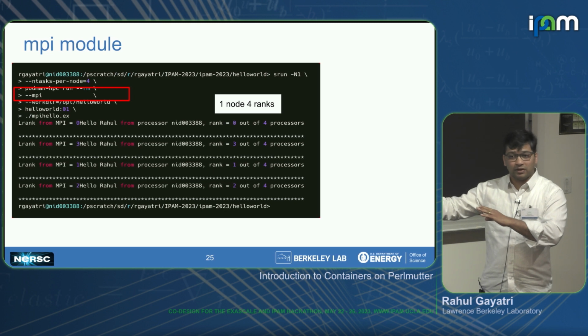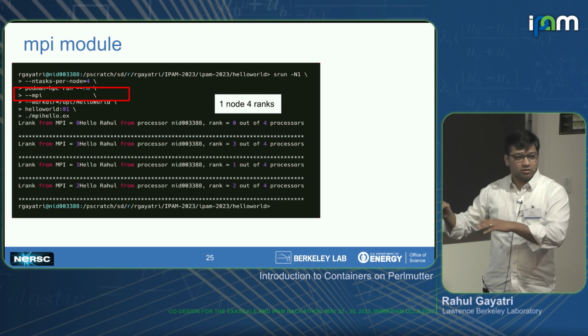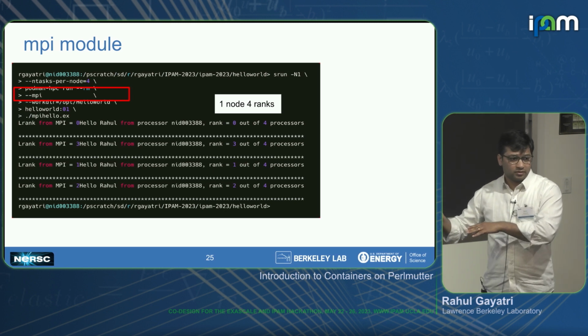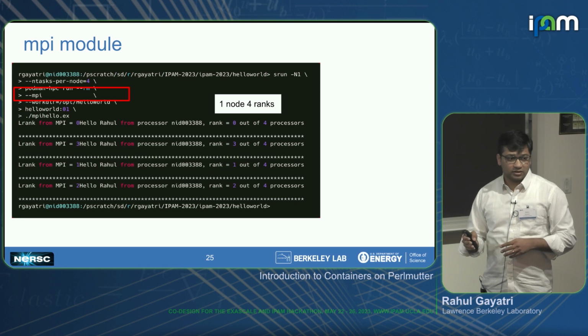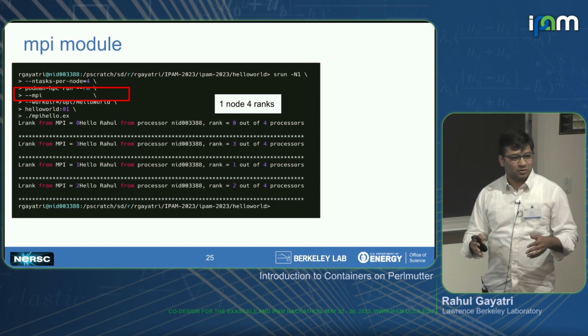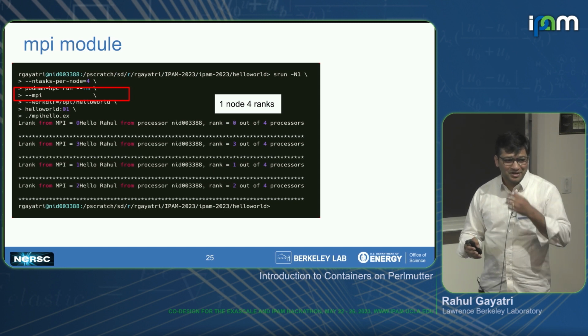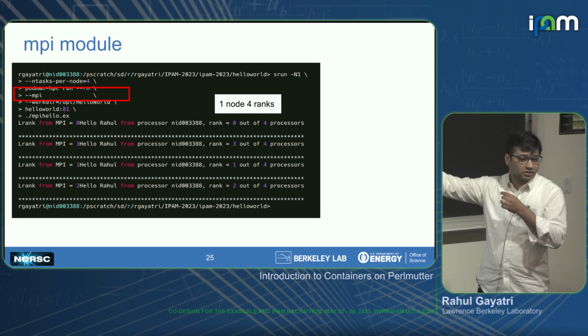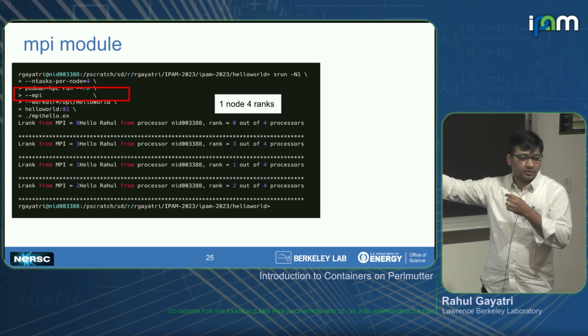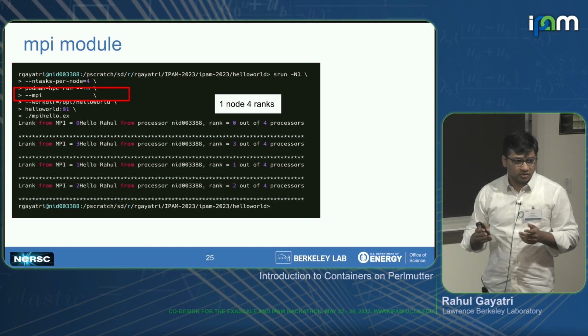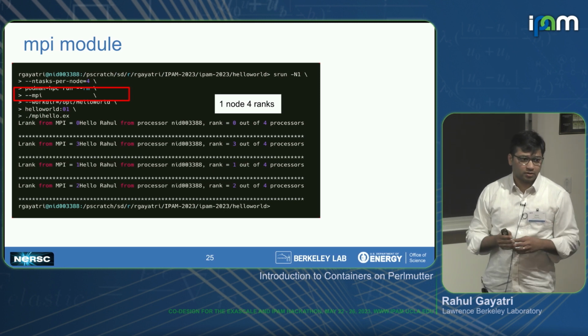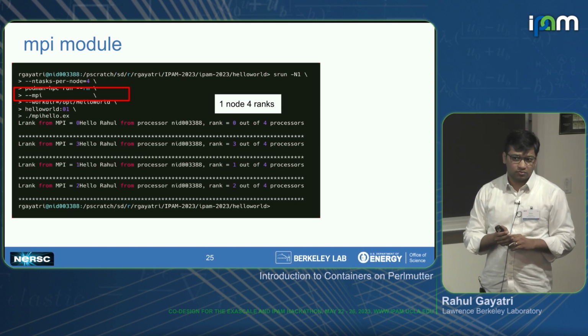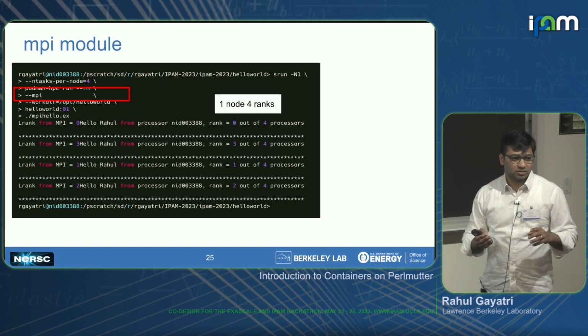Podman is still very experimental, but this is the direction we are going in. It has a lot of advantages. One of the biggest advantages for me, at least, is the ability to build directly on Perlmutter rather than using my local machine. I find that very useful. And this swapping of modules, maybe it's needed, maybe it's not needed. It depends on the user. But right now we are not able to provide that.